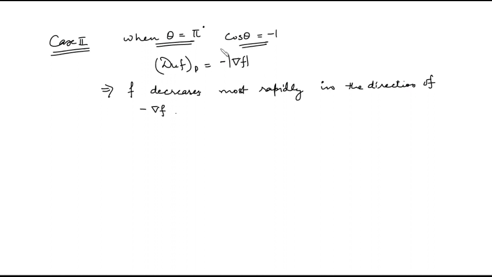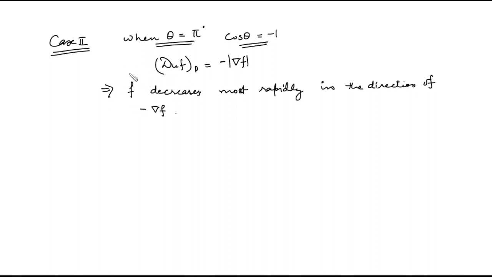So whenever the direction of the gradient of f and the unit vector are opposite, the derivative value will be minimum, right?